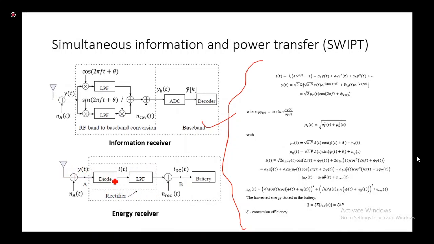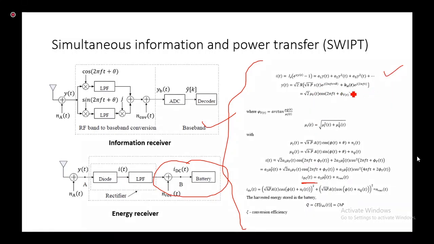So whatever message is coming in will go inside the nonlinear device, and it will come out of the low pass filter, so that we will have a DC voltage coming out, and that will be used for a battery.